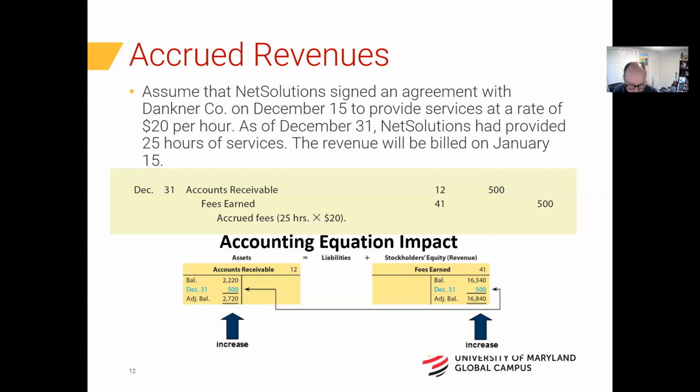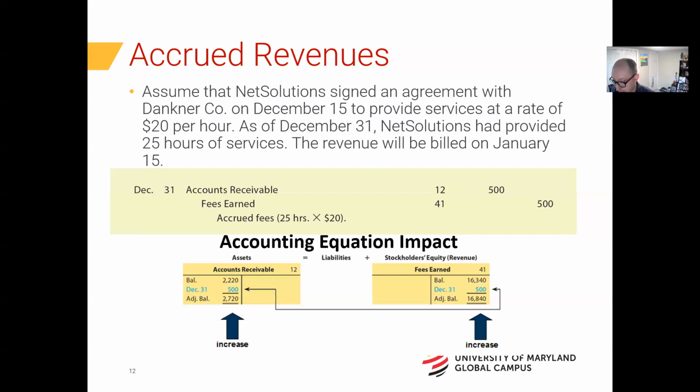Now you're wondering, how is it stockholders' equity? Because you had already told us that revenue and expenses are on the income statement. This is clearly a balance sheet. Well, I'm so glad you asked that question. The reason why we recognize revenue and expenses under stockholders' equity eventually is because at the end of each accounting period, we go through the accounting cycle, and at the end of the accounting cycle, we do our adjusting entries and we close our temporary accounts through the closing process.